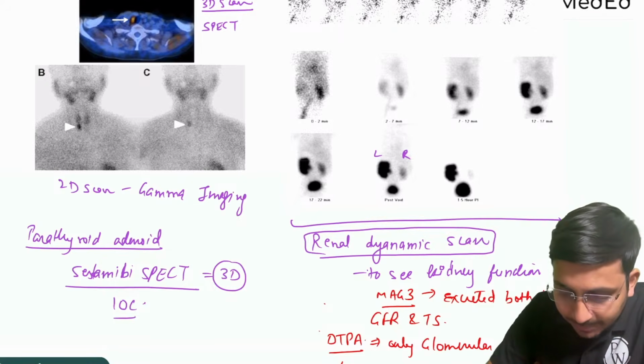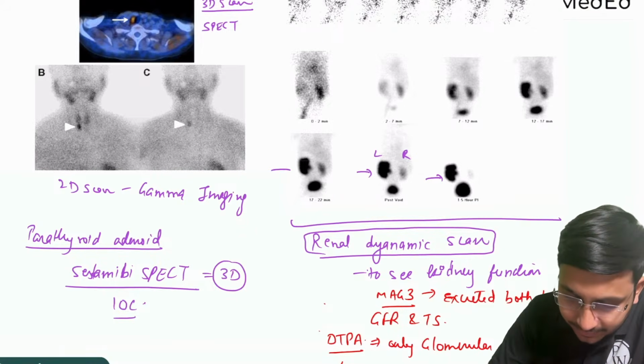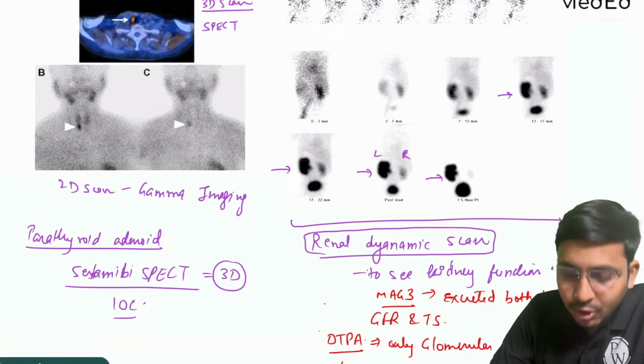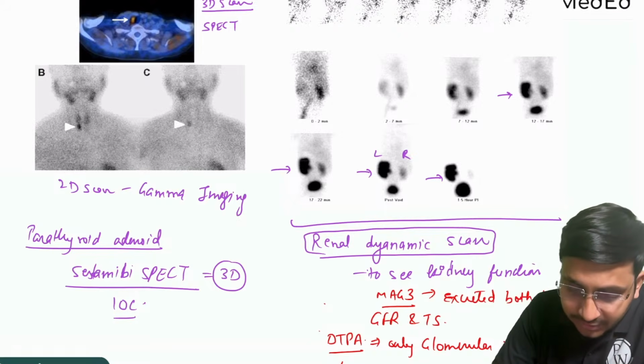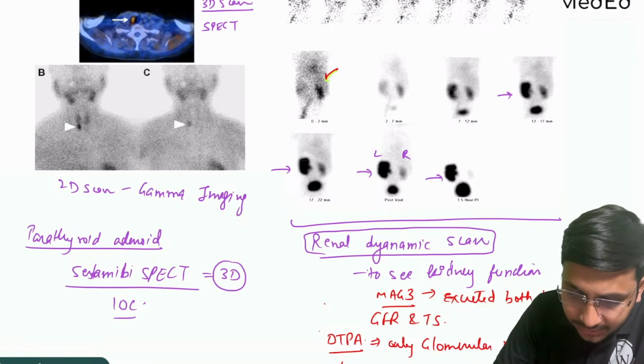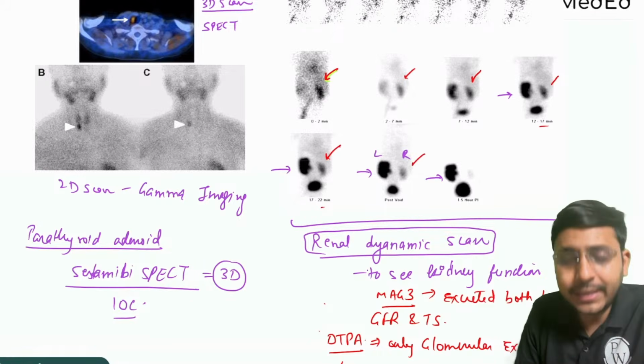So what is happening here, that there is contrast accumulation on the left hand side. There is contrast accumulation on the left kidney persistently. The right kidney पहले तो contrast ले रही थी, it was showing early contrast enhancement, but then gradually over 20 minutes the contrast has excreted out of it.